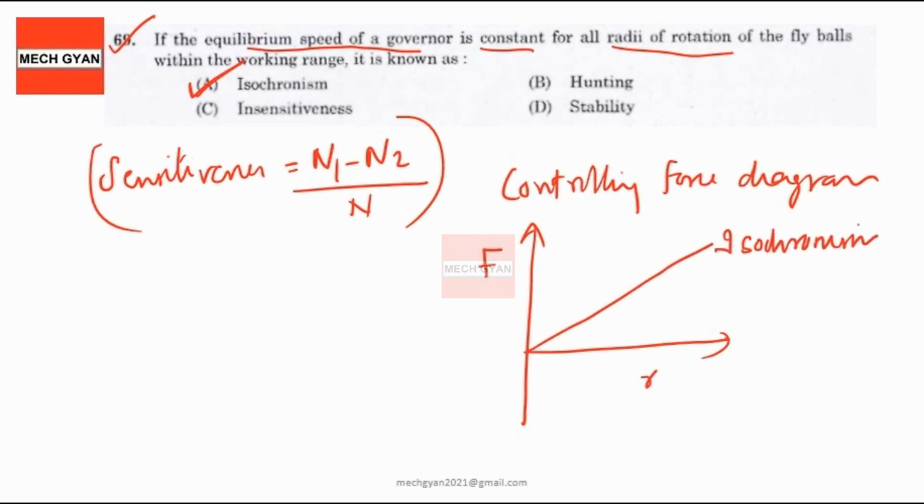For an unstable governor, the curve is like this: unstable. And for a stable governor, it is like this. This one is stable. So here 69, the answer is A, isochronism. In isochronism, the equilibrium speed of the governor is constant for all radii of rotation. So it's basically a linear effect.